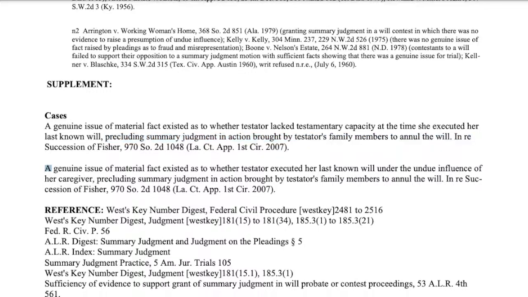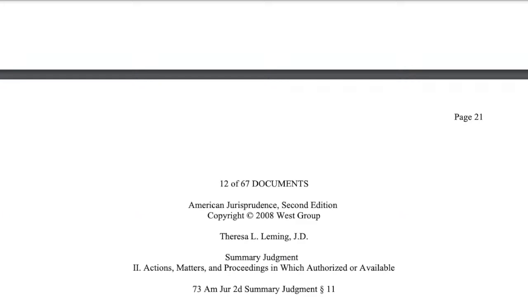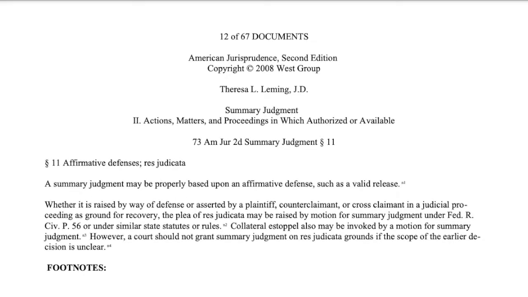A genuine issue of material fact existed as to whether testator executed her last known will under the undue influence of her caregiver, precluding summary judgment in action brought by testator's family members to annul the will. Okay, so those are pretty dark cases to read about.